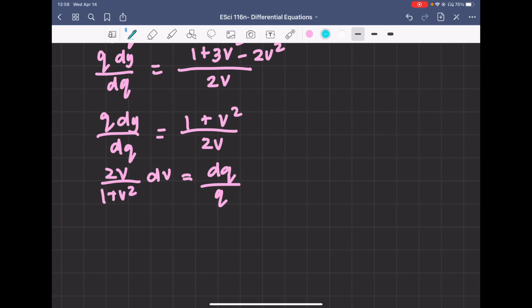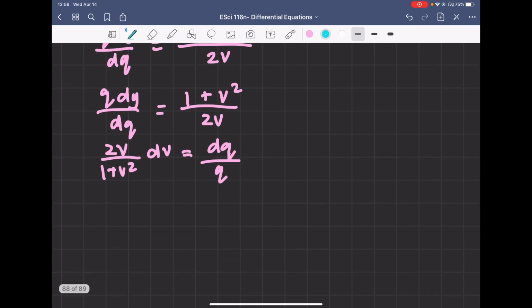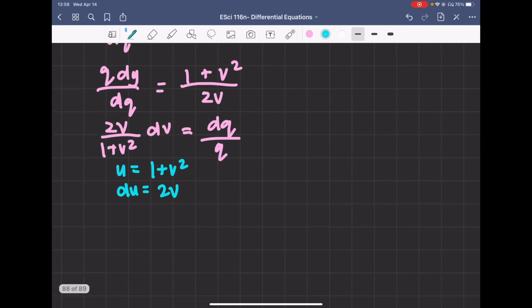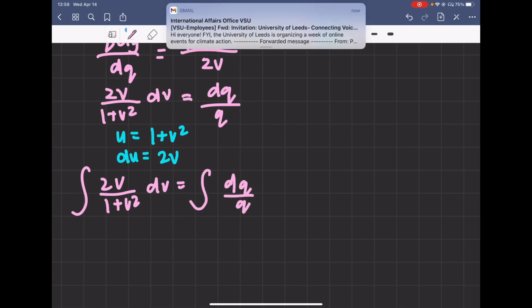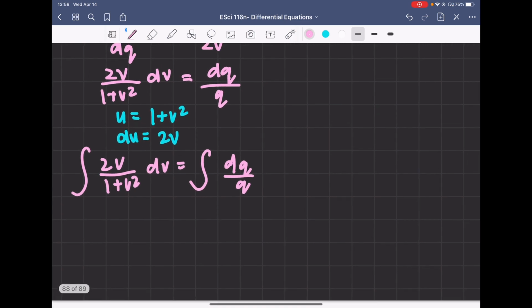And here we can actually employ u substitution for the integration of our left side, because 1 plus v squared, the first derivative of that is 2v. So integrating 2v over 1 plus v squared dv equals the integral of dq over q.